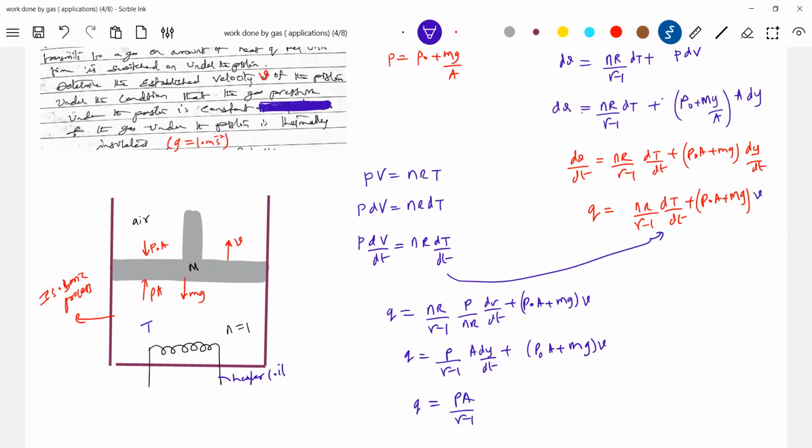PA, what is dV by dt? dy by dt is V. PA you can write as P naught A plus mg only. So this will become further: Q is equal to.